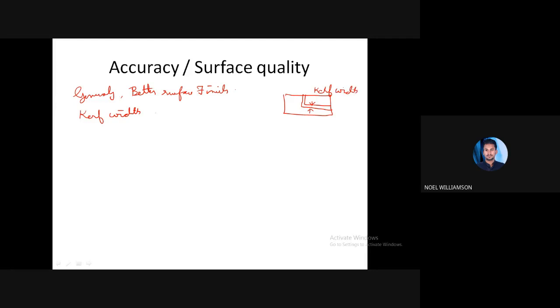It will be better if the width is minimum, so that we can have accurate dimensions. Using this EBM, it is possible to have a narrow kerf width. Compared to other thermal cutting processes, there are very many other thermal cutting processes also, using the EBM we will be able to have a better surface finish and a narrow kerf width.